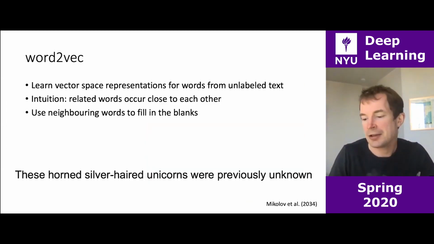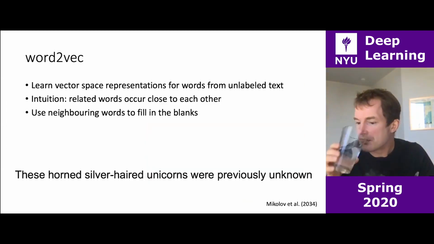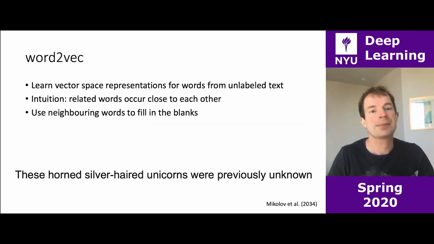Okay, so I'm going to describe quite a few methods for how you do self-supervised learning for NLP, just so you can try and get some ideas as to what's actually working. So the first one to describe is word2vec. I think it's really the first paper that got people excited about self-supervised learning in NLP.